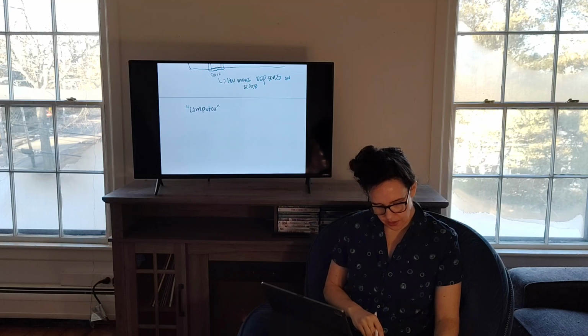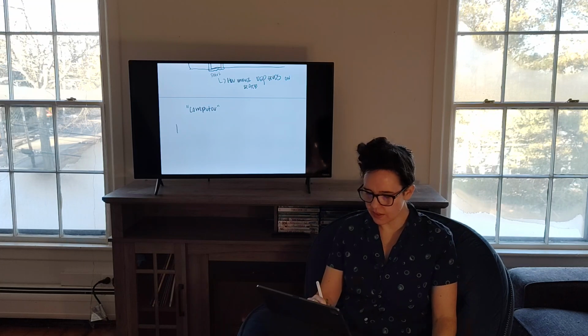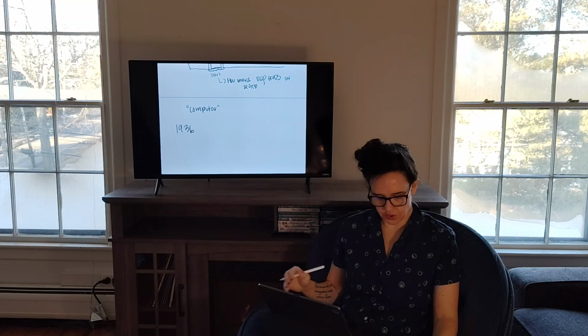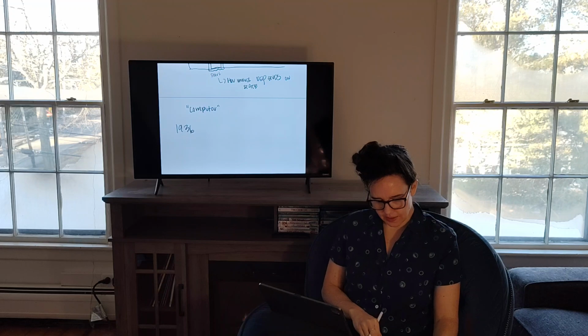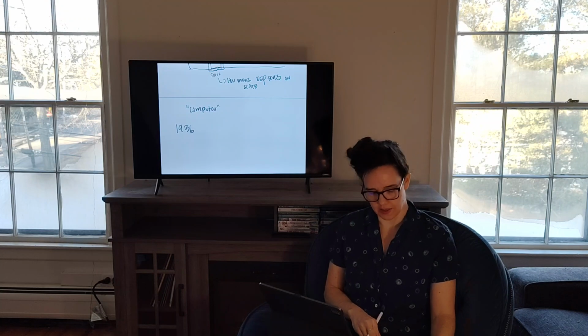In 1936, Turing demonstrated convincingly that this mathematical model captured the informal notion of effectively calculable.